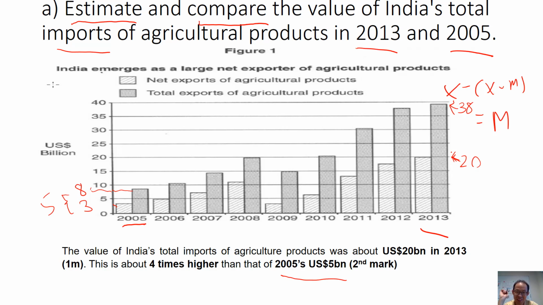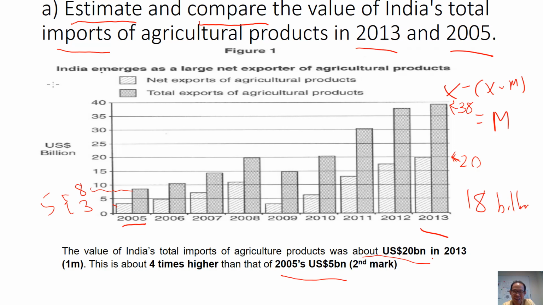So 38 minus 20 will be about how much? It will be about 18, 18 billion. The answer that we provide for you says about 20, but it's fine to also say 18.